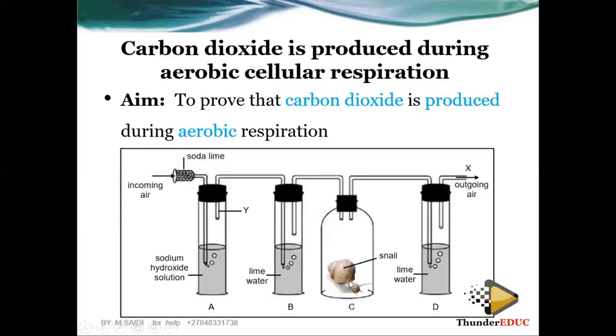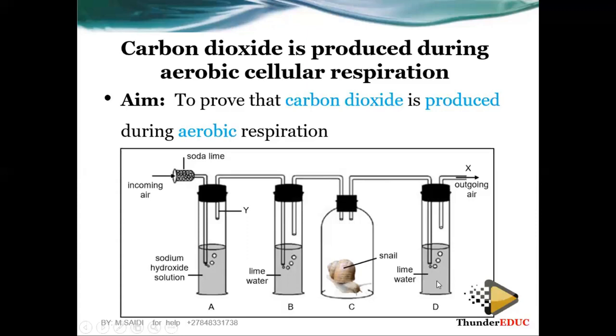Now, this snail is going to breathe in the oxygen and then release carbon dioxide during respiration. So when it takes in oxygen and releases carbon dioxide, this air is going to go like this. Once it comes here, it will find another tube containing lime water.